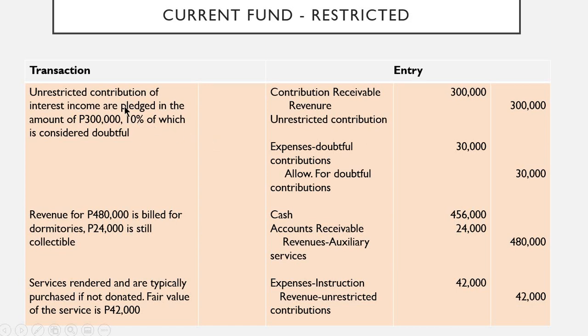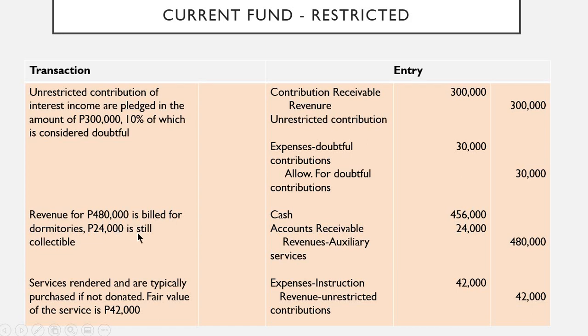Okay, dahil pledge yan, that would be a debit to contribution receivable. Okay? Dahil unrestricted, of course, credit ka revenue, unrestricted contribution, that's 300,000. Now, dahil 10% of which is doubtful, you have to set up a doubtful accounts expense and allowance for doubtful contribution, still for 30,000, that's 10% of 300,000.